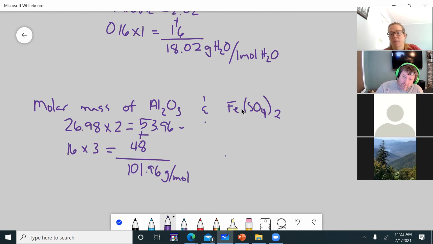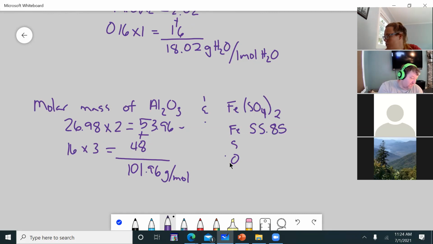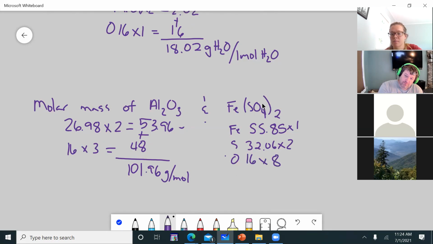This one over here, we've got 3 things. We've got iron, sulfur, and oxygen. Iron is 55.85. Sulfur is 32.06, and we're going to multiply that by 2. The iron gets multiplied by 1. And then oxygen, which is 16, is going to get multiplied by 8: 4 inside, 2 outside.